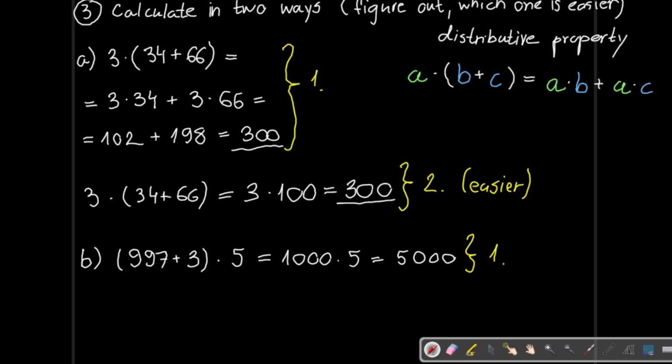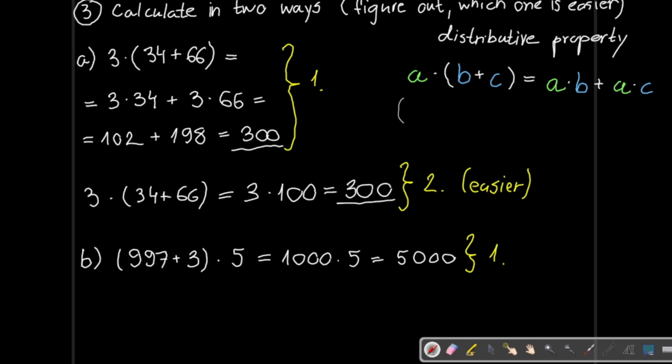Now, remember the commutative property. I explained it in the beginning. So we can actually use that commutative property right here. We have one number multiplied by another number, and we can just change the order of this.